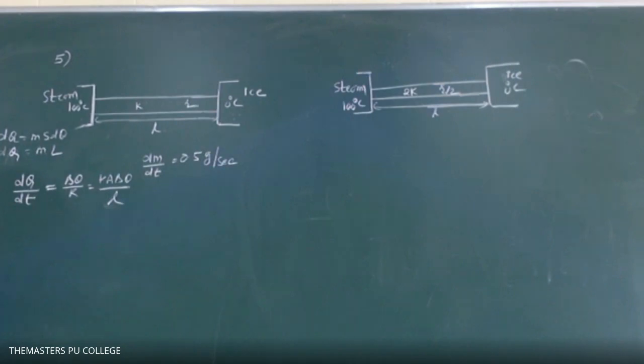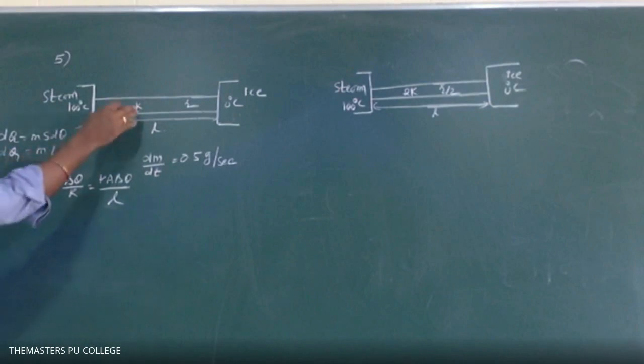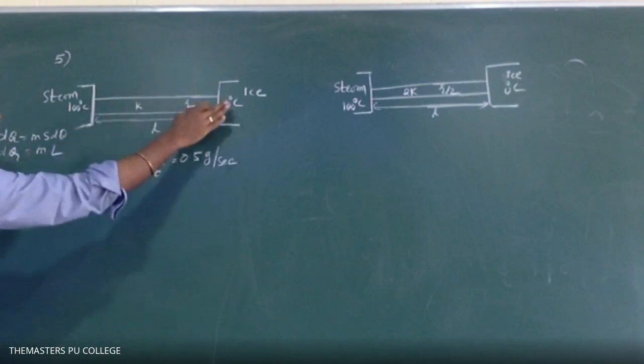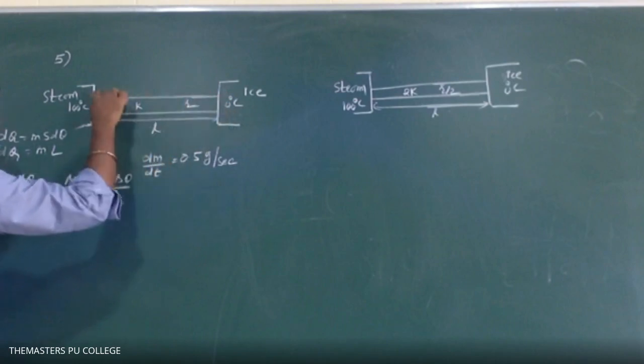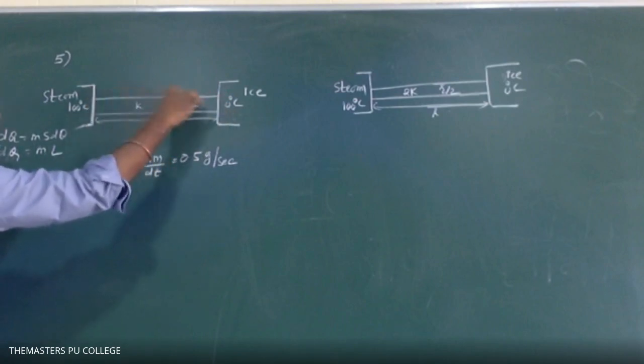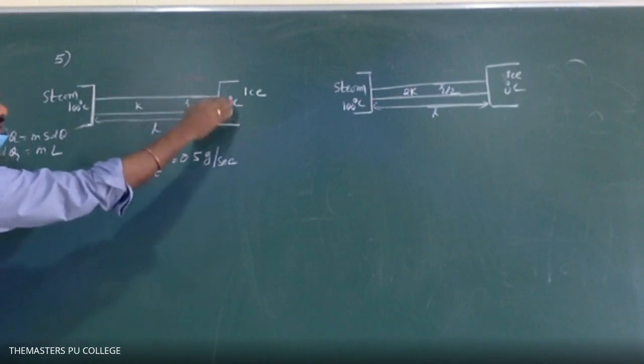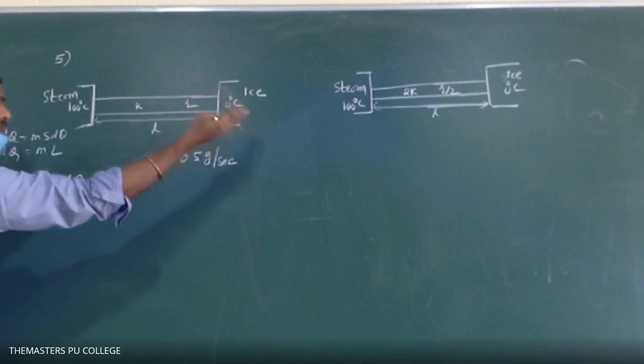Got it? Clear? Now it is at least. So therefore dQ, according to this, by absorbing the heat, how much heat will be transferred as this ice converts into liquid?